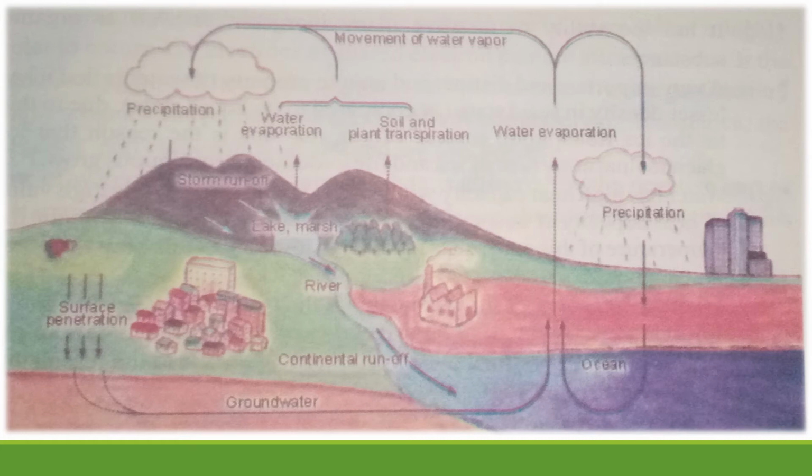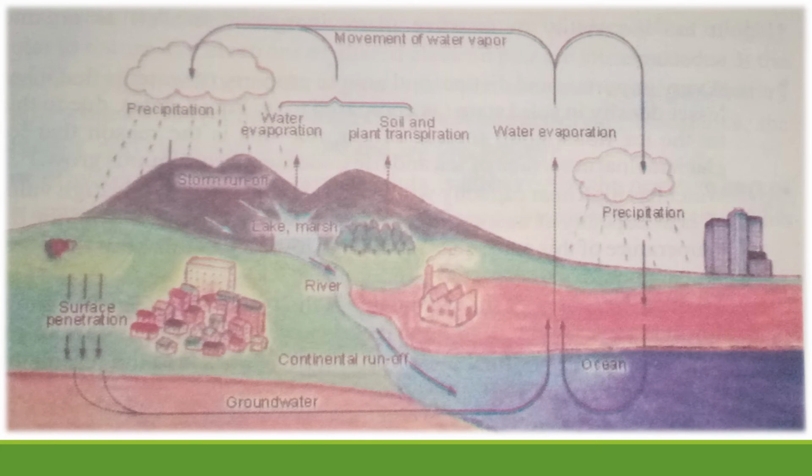Water comes out from the sea by evaporation, and water vapors move a long distance, and precipitation in the form of rain falls on the mountains. Storm runoff then comes into lakes and marshes, goes through the rivers, and again goes into the ocean. So this is another cycle of water you can see here.